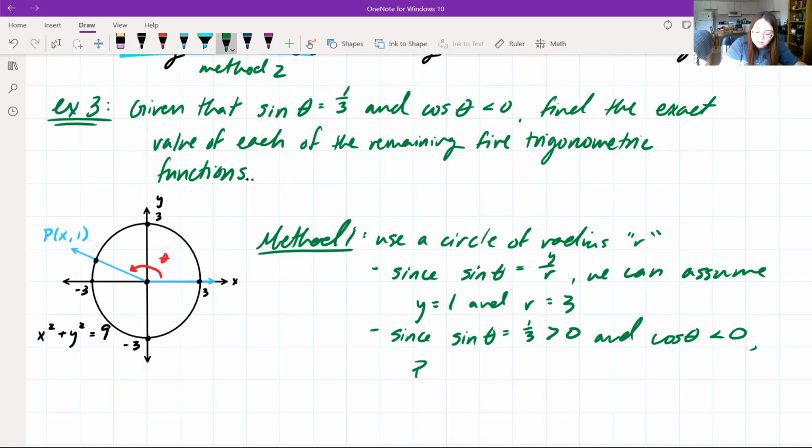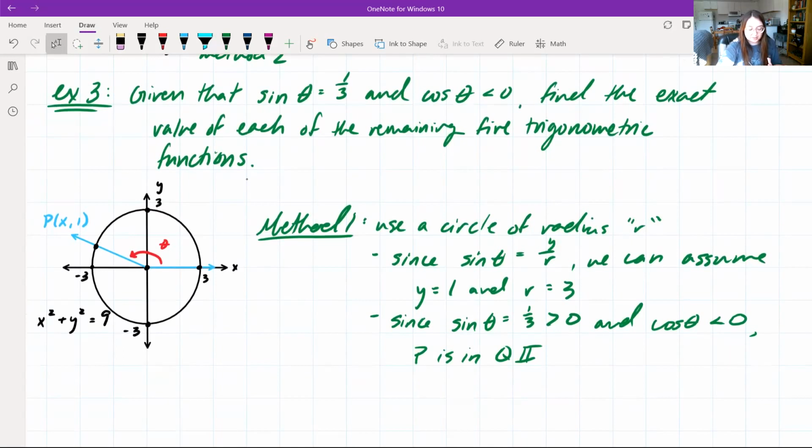This tells us that our point P is in quadrant 2, which is what we had conveniently written out with our picture here. The picture was written beforehand, but this gives us a hint. It's going to be in quadrant 2.